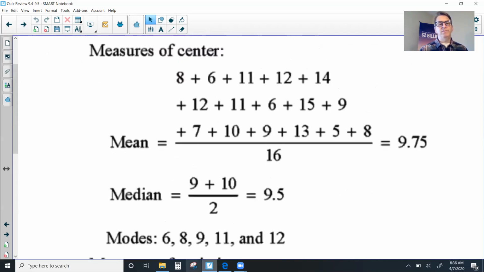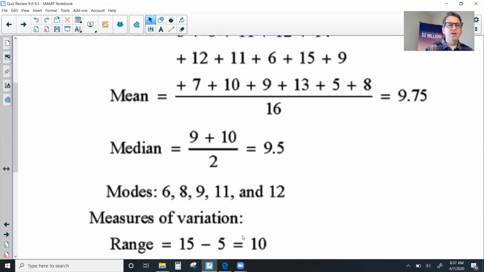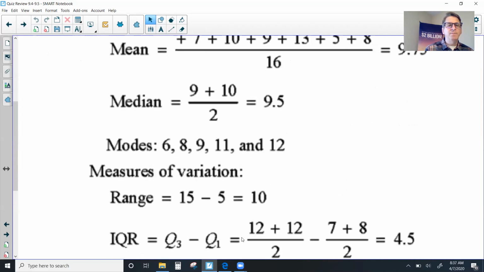This one, they kind of threw the modes in here. Okay, the mean is 9.75, the median is 9.5, and the modes would be 6, 8, 9, 11, and 12 books. The measures of variation, the range is 10.